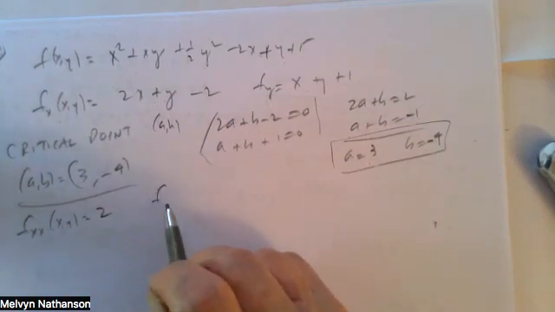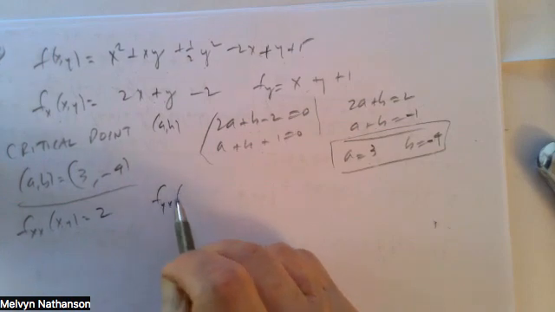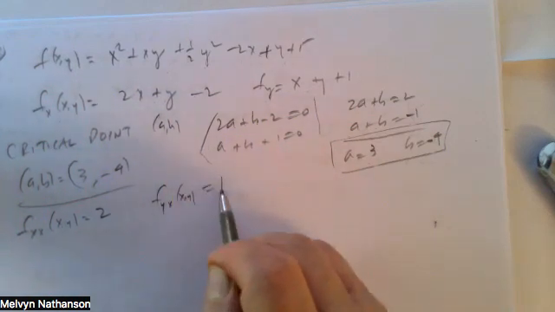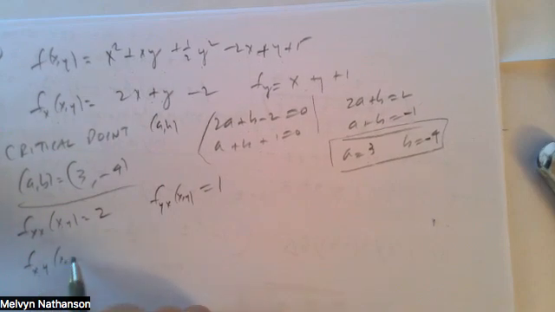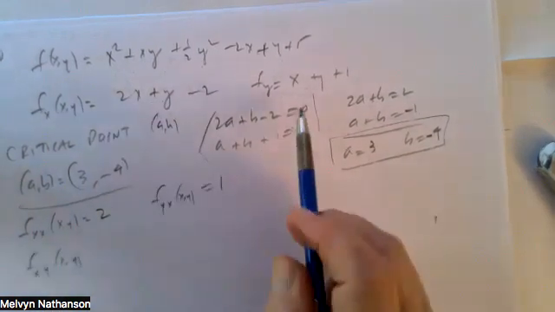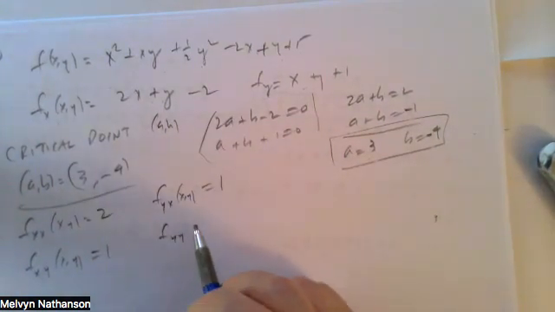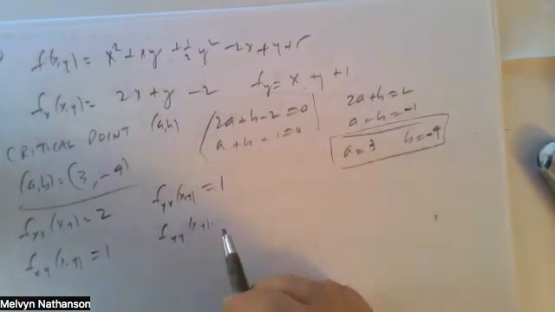If I take the partial derivative with respect to x and then differentiate with respect to y, I get 1. If I take the partial derivative with respect to y and differentiate with respect to x, I know what I'm going to get, but I do it in any case, I get 1. And if I differentiate twice with respect to y, I get 1.